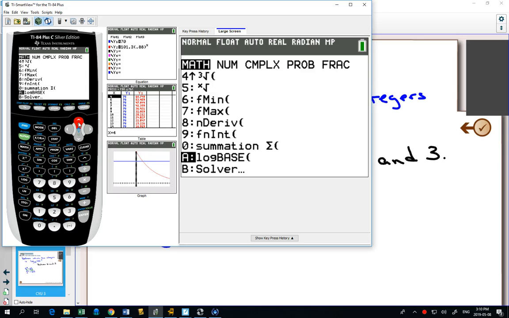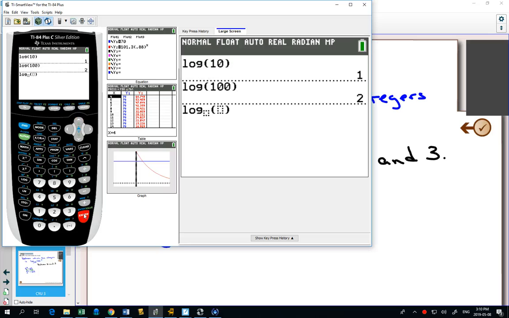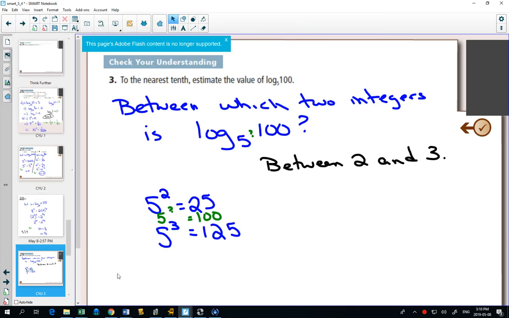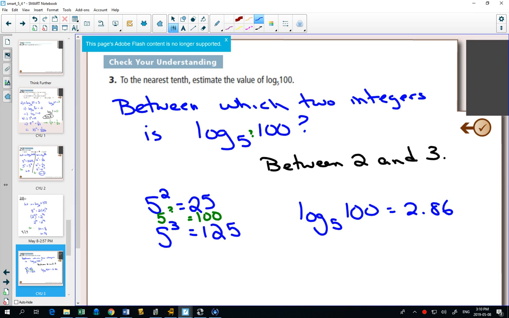This option is not available on the TI-83. But if you do log base, then it allows you to type in 5 there, 100 there, push enter, and it's roughly 2.86, so to the nearest tenth it would be 2.9.